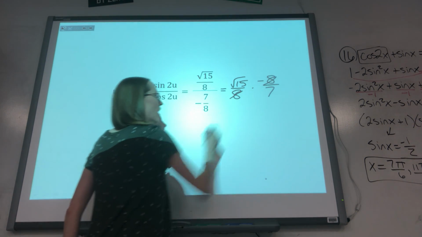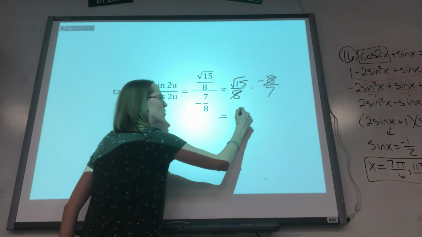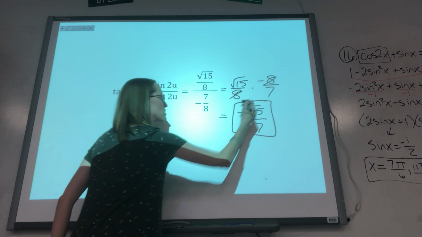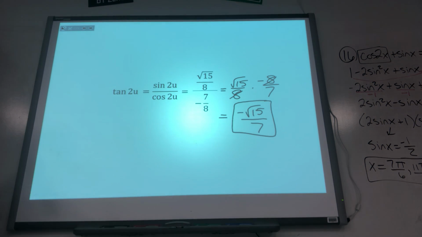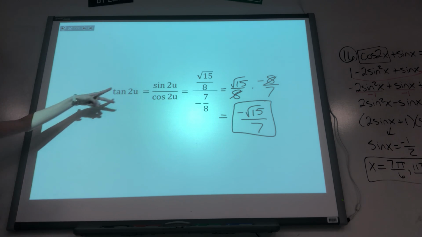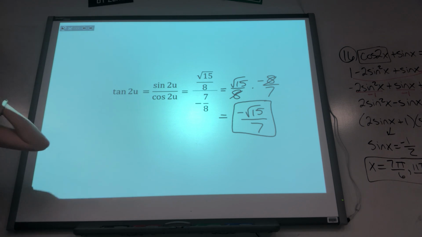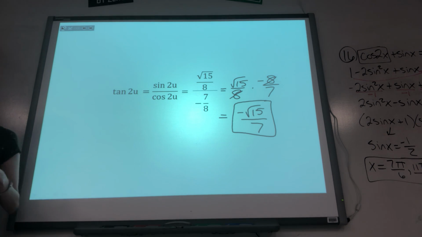Now the 8's cross out, and you will have a negative in this answer. It should be negative square root of 15 over 7. Again, you should be able to do this on all of your problems today as long as you already know what sine of 2u is and what cosine of 2u is. Any questions about those?